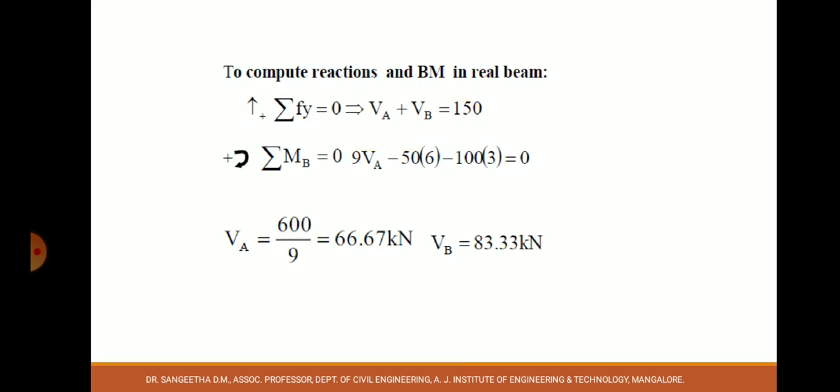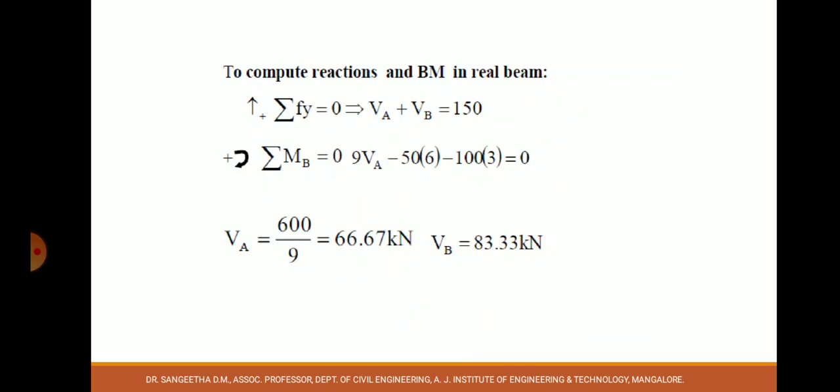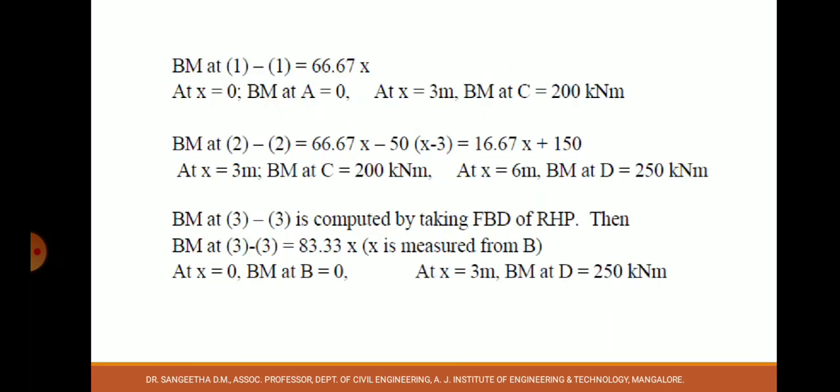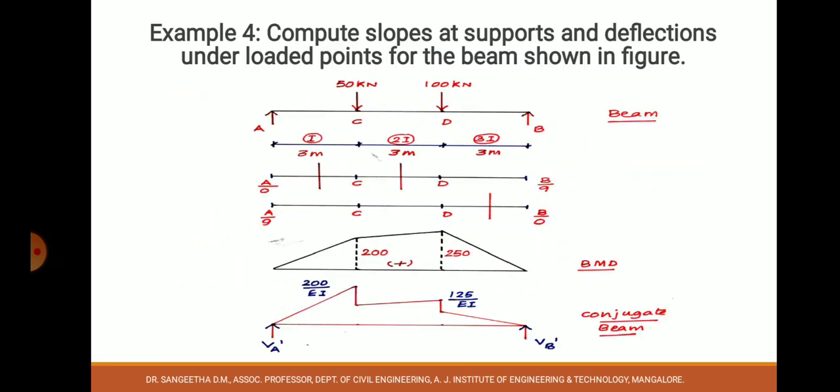Take moment about B. VA into 9, 50 into 6, 100 into 3. So VA will be 66.67, VB is 83.33.